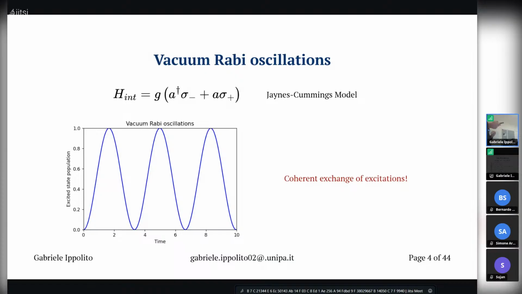And we observe this pattern in the excited state population that is known as vacuum Rabi oscillations. I would like to say that this type of interaction is referred to as linear interaction, in the sense that matter couples linearly with the field. In other words, matter and field exchange one excitation at a time.